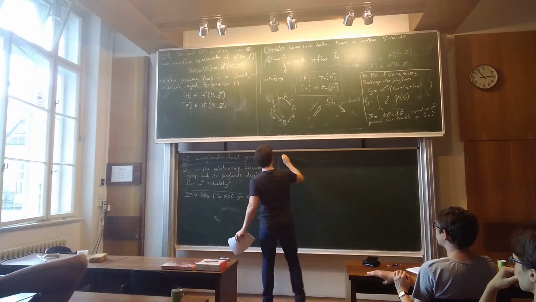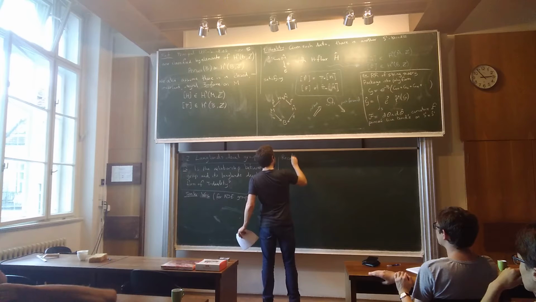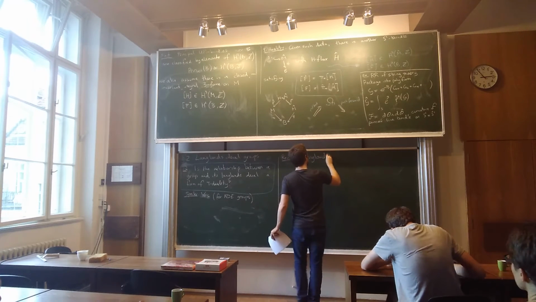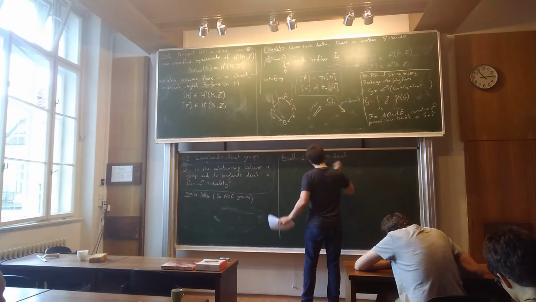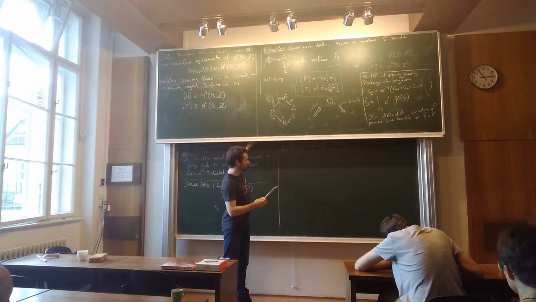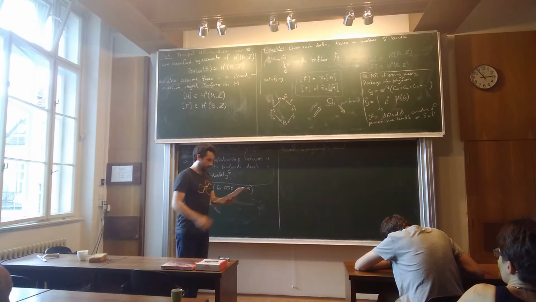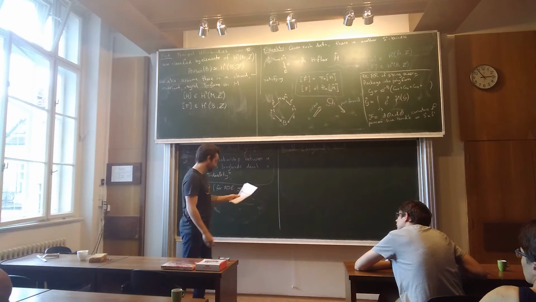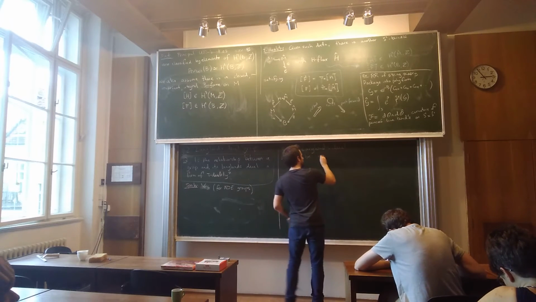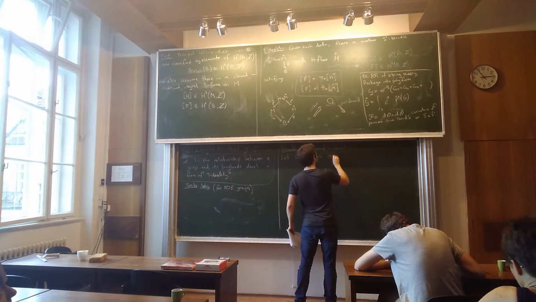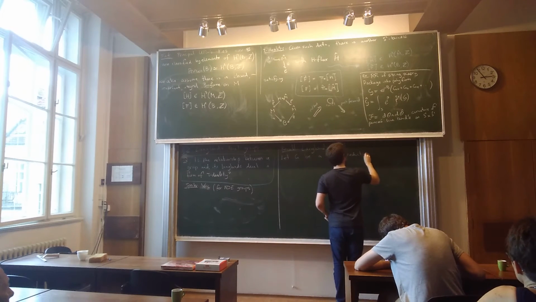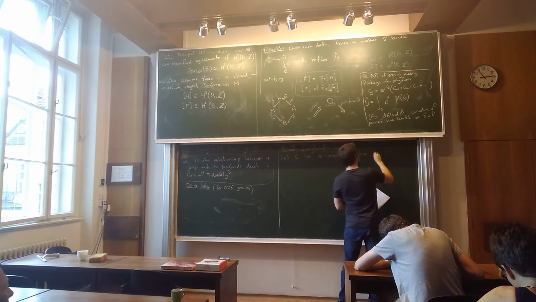Okay, so let me briefly recall what a Langlands dual group is. In order to do that, I have to briefly mention some words that I don't like, but I'll do that. Let G be a complex reductive algebraic group.